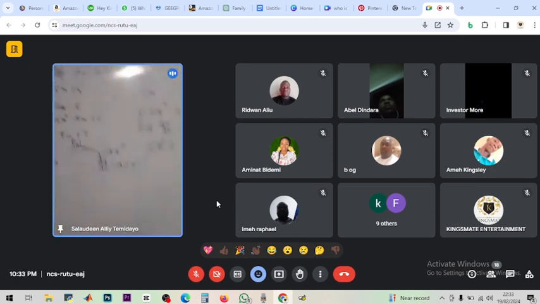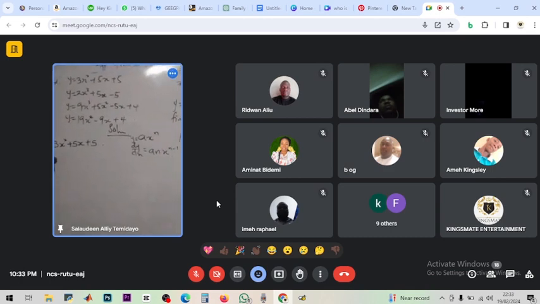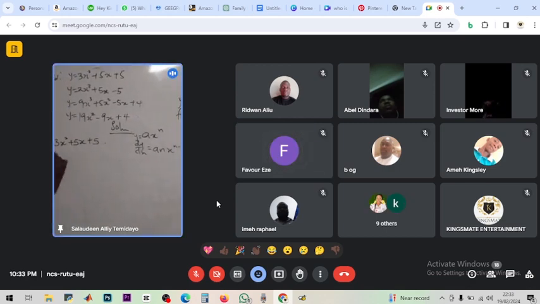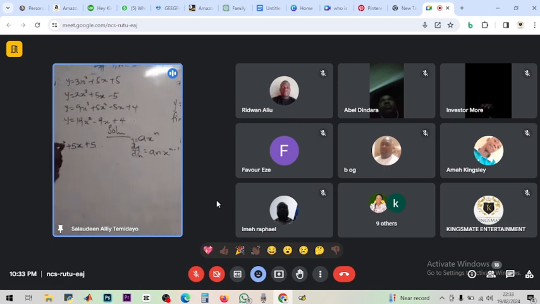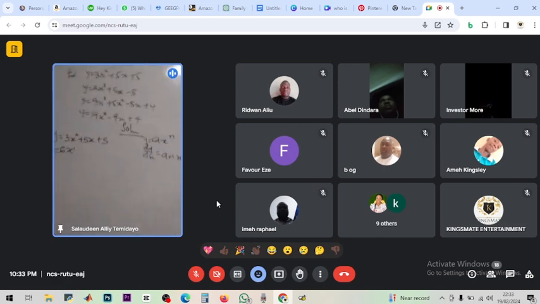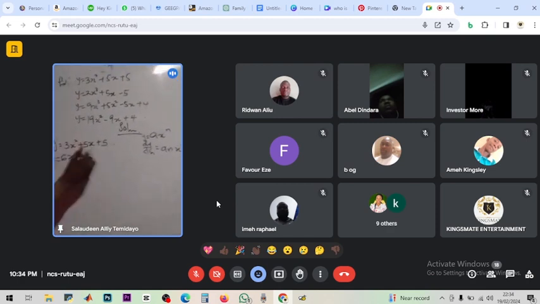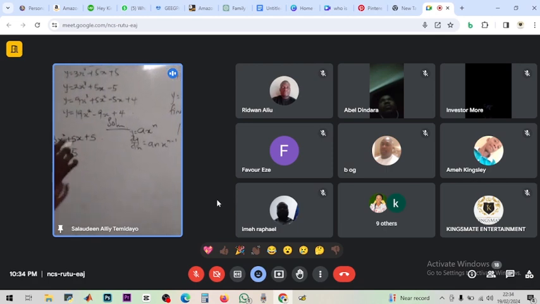We use this 2, which is the power, to multiply the coefficient of that x. 2 times 3 is 6x raised to the power of 2 minus 1, that is 6x raised to the power of 1, ordinary 6x. Plus 5, just forget the x, don't do any calculation, because it is just 1x.